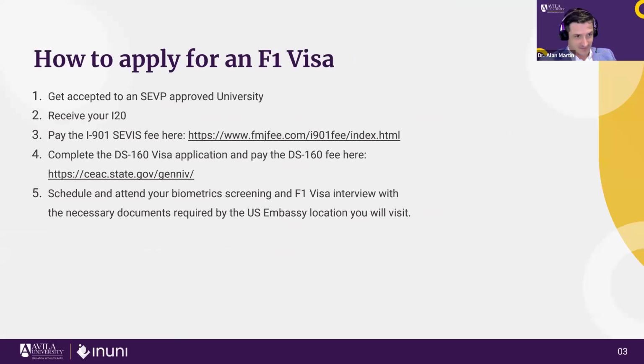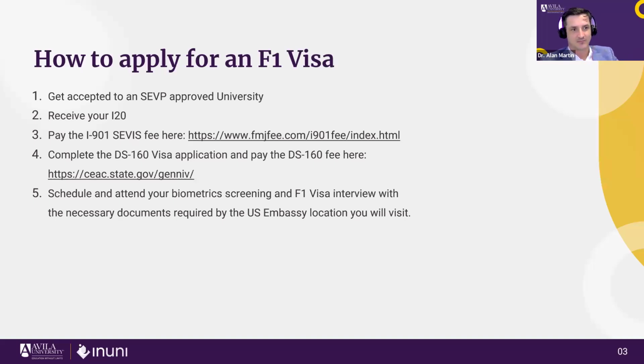To summarize, to apply for your F1 visa, first you must be accepted to a university that has been approved to issue F1 visas by SEVP. The university, upon your admission, will then work with you to collect your financial documents and a copy of your passport to then issue you the Form I-20.